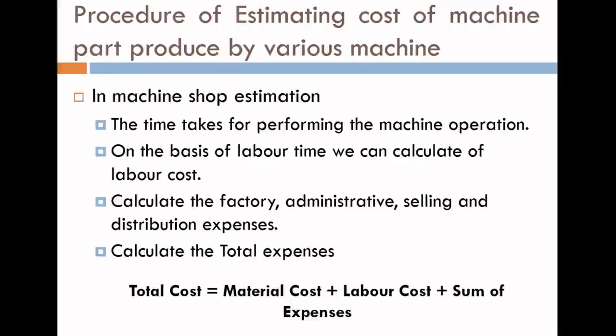Then the total cost of the part is equal to material cost plus labor cost plus the sum of all these expenses. So this is the total cost of the total product. We will find out the cost for one product. So total cost divided by total product. That answer gives us rupees for one product.